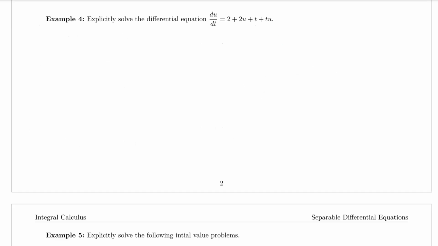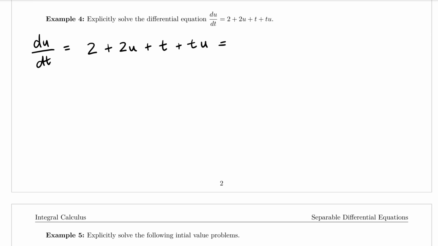Example 4 says explicitly solve the differential equation du dt equals 2 plus 2u plus t times u. Now, there's 4 terms here.